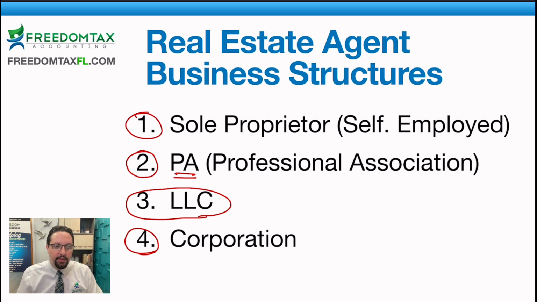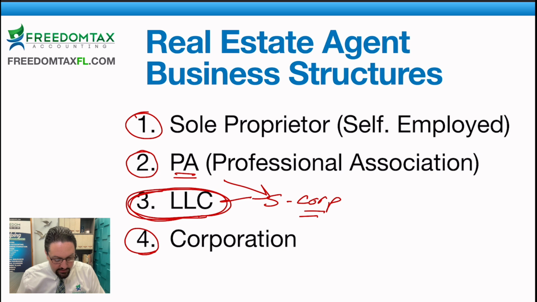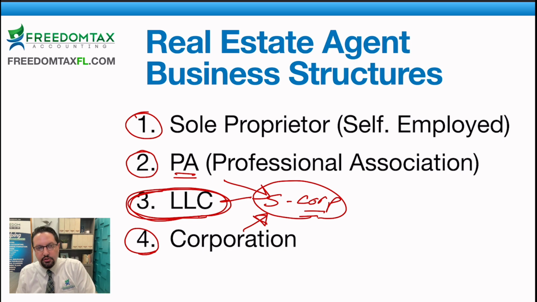For example, you can have a legal LLC, and that legal structure of the LLC can pay taxes as an S-Corp. The PA can pay taxes as an S-Corp. The corporation can pay taxes as an S-Corp. Why? Because the S-Corp is a tax designation. It's not a legal business structure.